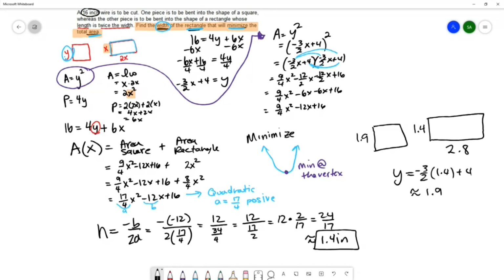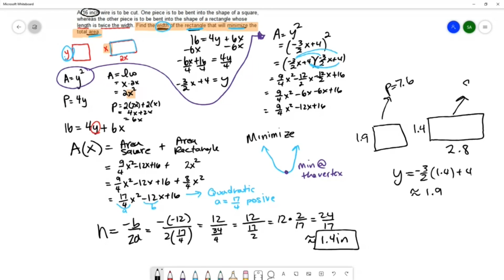So 1.9 times 4 sides, the perimeter of that is approximately 7.6. And for the rectangle, we would have 1.4 times 2 plus 2.8 times 2.